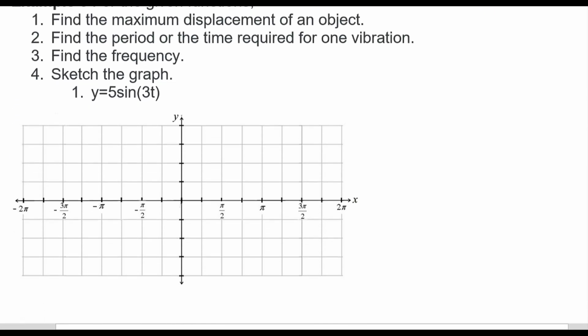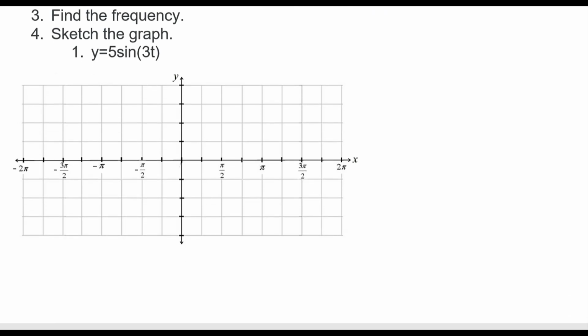So let's start with this first one. Our maximum displacement is the absolute value of A, so in this case, the absolute value of 5, so it's 5.